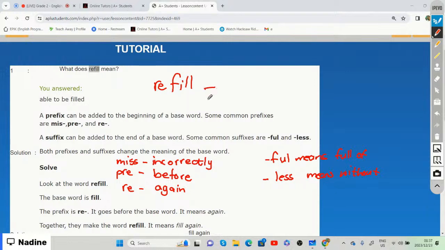Remember we said re means again, so this means to fill again. Refill is to fill again. So you need to try and remember the meanings of these words. Like we said, miss means incorrectly, pre means before, re means again. The suffix full means full of, the suffix less means without.